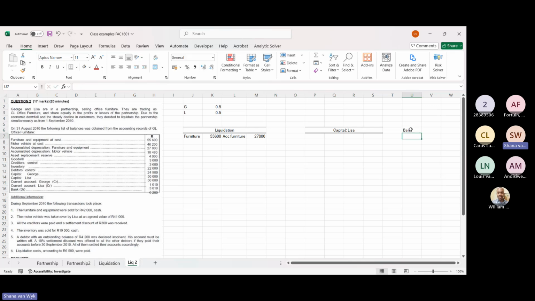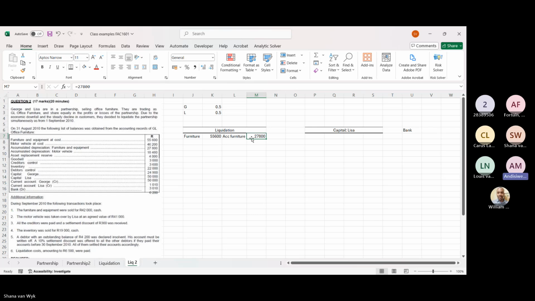It was sold for cash, so bank is going to debit, and then we're going to credit the capital and split it accordingly. Or is it going to liquidation? We are receiving cash, so I assume we want to split it to the partners since we already closed off these accounts, isn't it?